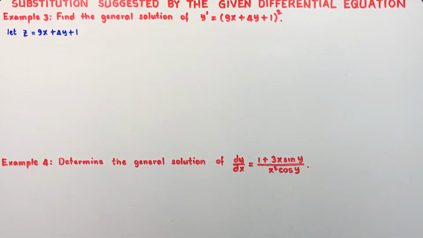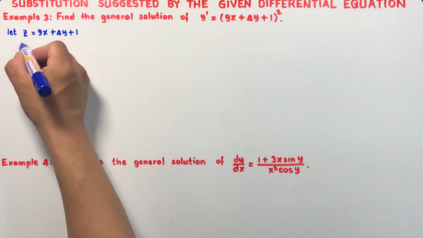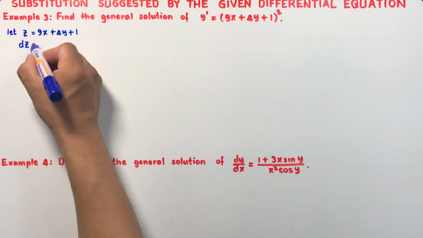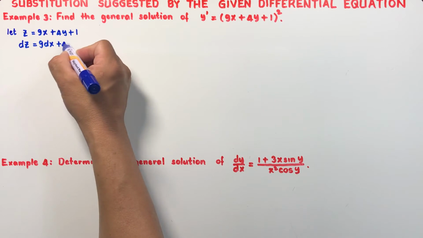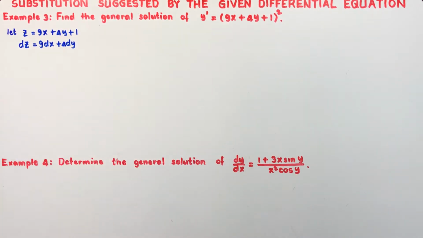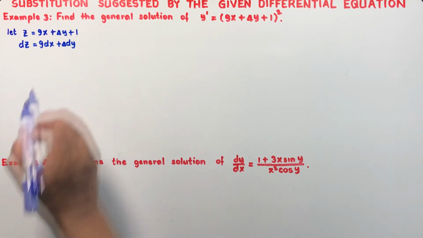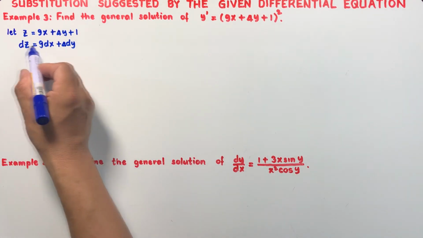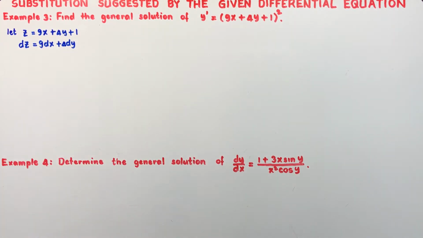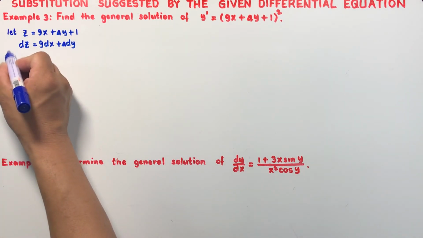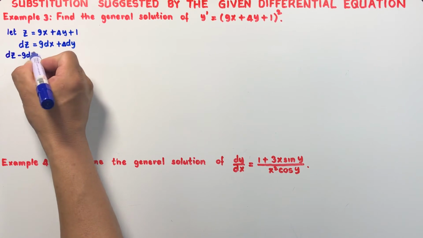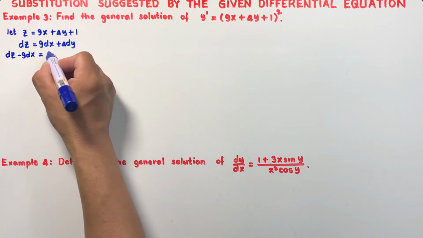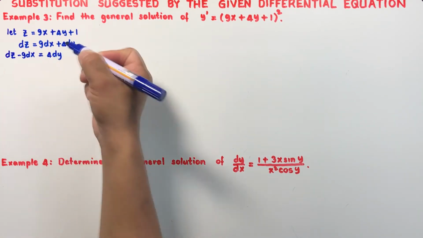And solving for the differential of z, we have 9dx + 4dy. And solving for dy, we need to move this 9dx by subtracting both sides of the equation by 9dx. So we have dz minus 9dx, which is equal to 4dy.